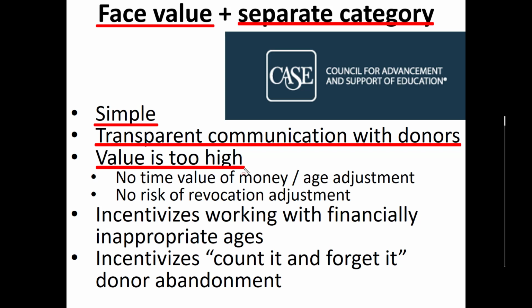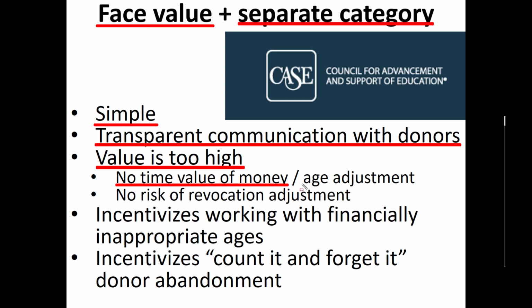Even if this was a completely irrevocable gift, like if it was 100% funded in a designated account and nothing could be changed, it would still be way, way, way too high because there's no consideration of the time value of money, right? If this person is going to live on average another 30 years, the value of that gift is a tiny fraction of the face value, right?